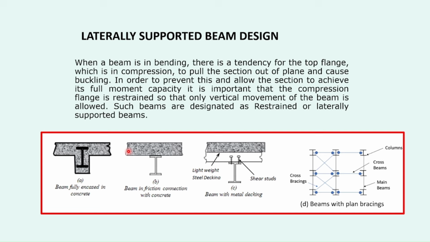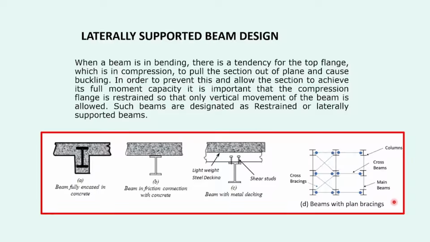In the second figure, we are using the friction between the steel and concrete to prevent the lateral movement. In the third figure, the steel beam is connected using shear studs to the concrete to restrict the lateral movement.